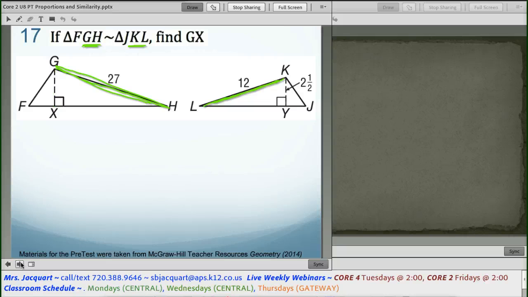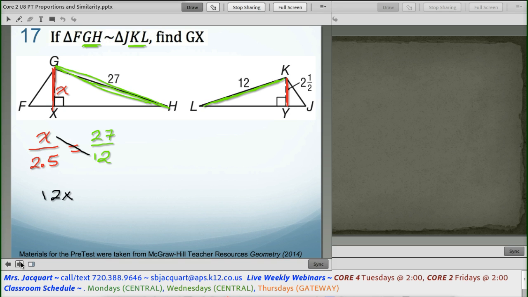We want to find GX, and that has to match up with KY. So we'll call this X. So X over 2.5 equals 27 over 12. Cross multiply.